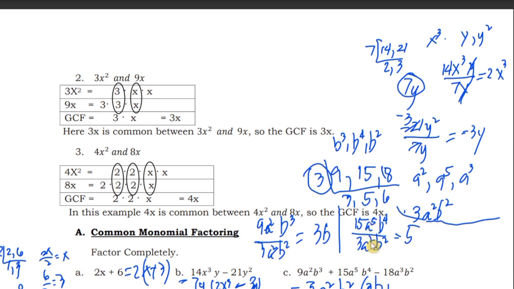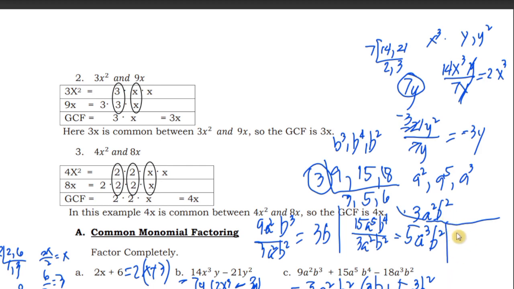A to the 5 over a squared, so 5 minus 2 is 3, so we have here a cubed. B to the 4 divided by b squared, so 4 minus 2 is 2, so we have here b squared. So plus 5a cubed b squared.